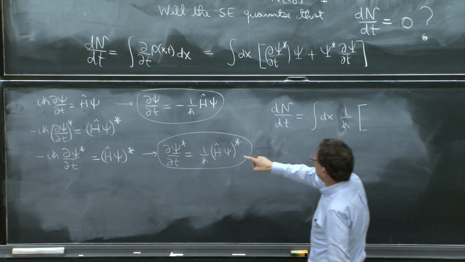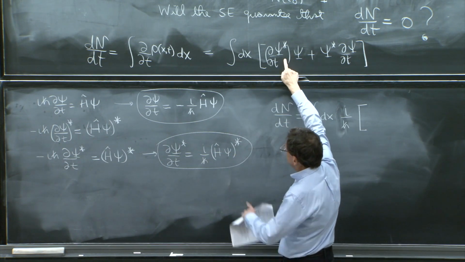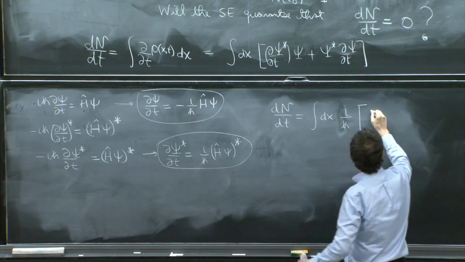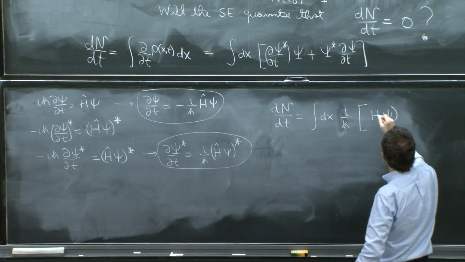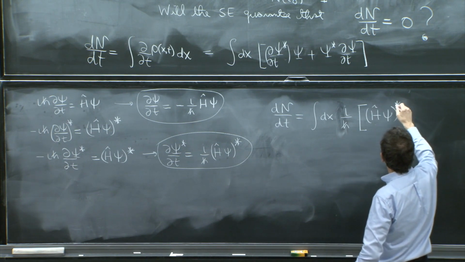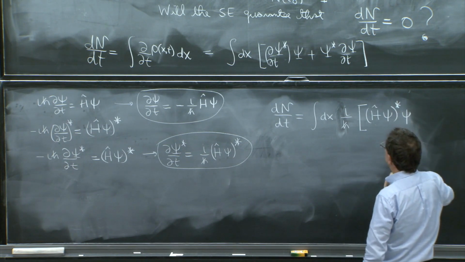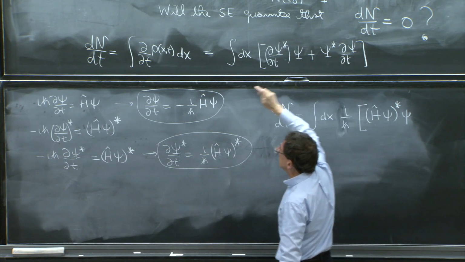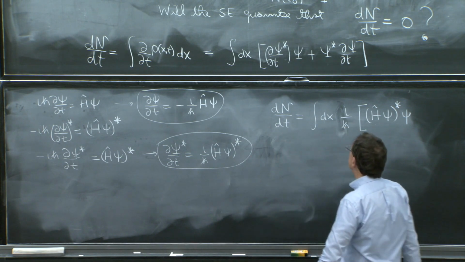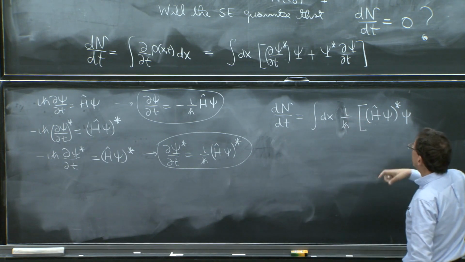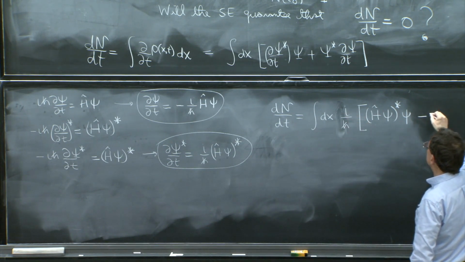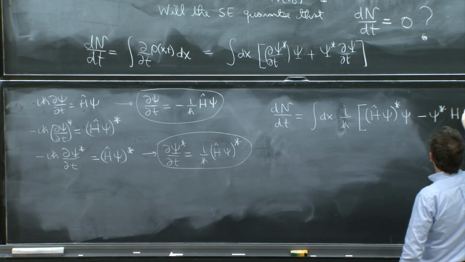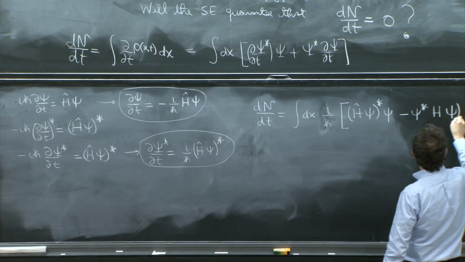Look at this term first. You have i over h bar, H psi star psi. And the second term involves a d psi/dt that comes with an opposite sign, same factor of i over h bar, so minus psi star H psi.